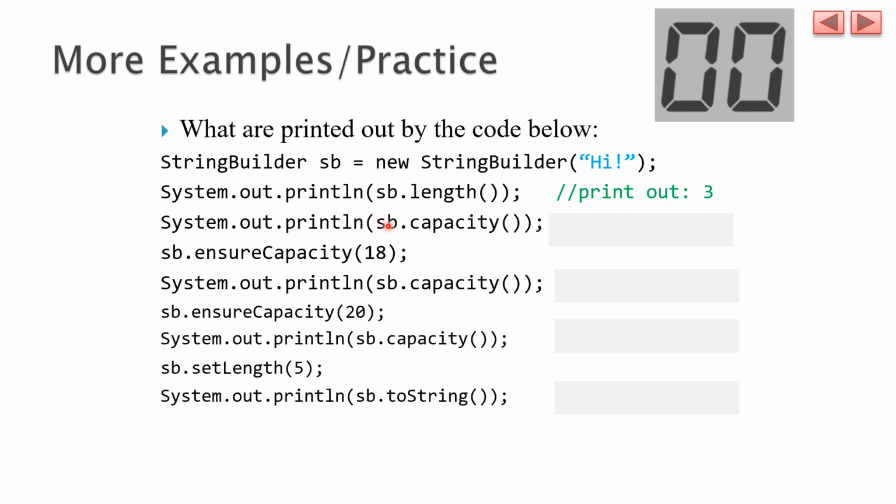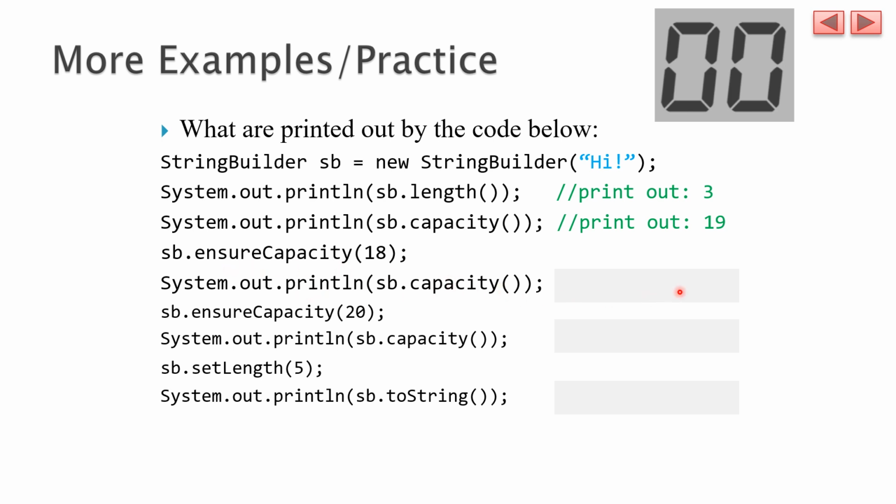And for capacity, the capacity should be equal to the current length, the initial length, plus 16. So it should be 19. Now it calls ensureCapacity, and then it displays the capacity again.